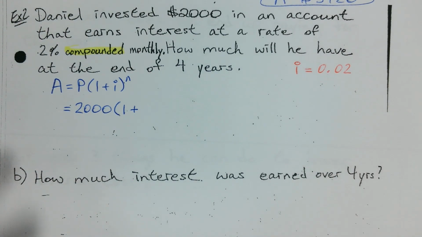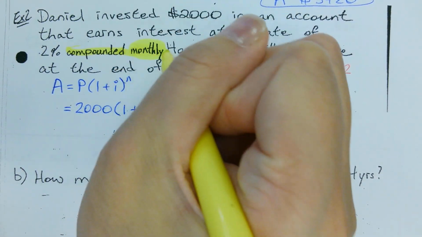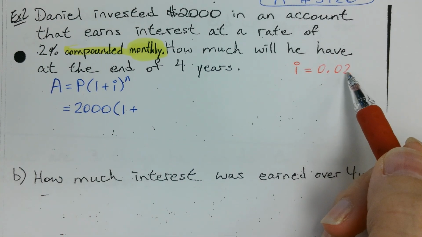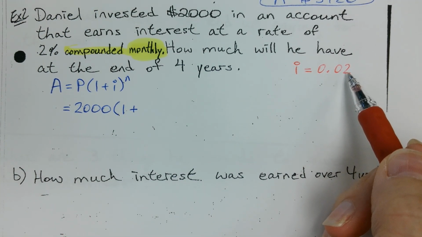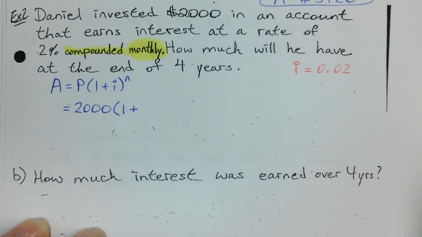But why I have to do some math on the side is because of this word, compounded monthly, which means they're paying you every month. This is an annual rate. They pay you 2% for the whole year. So if I want it for just the month, what do I have to do to this interest?